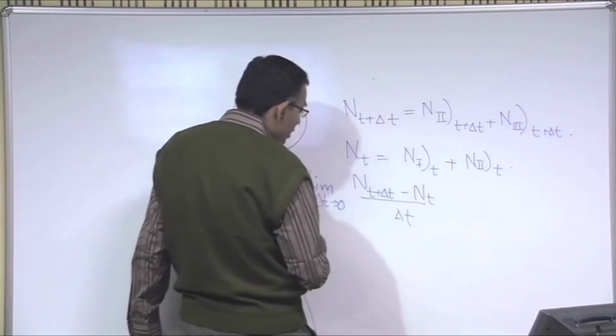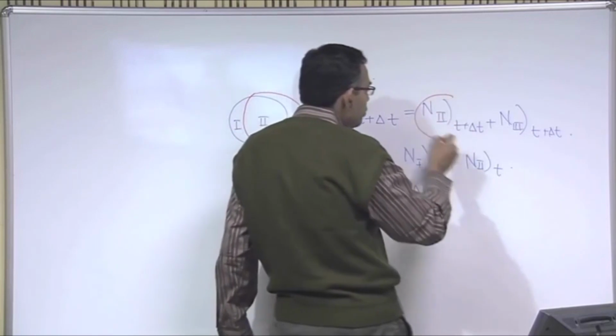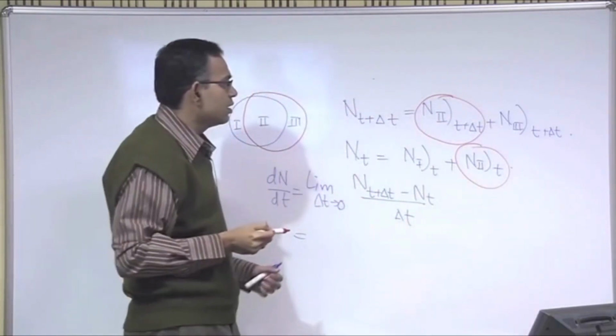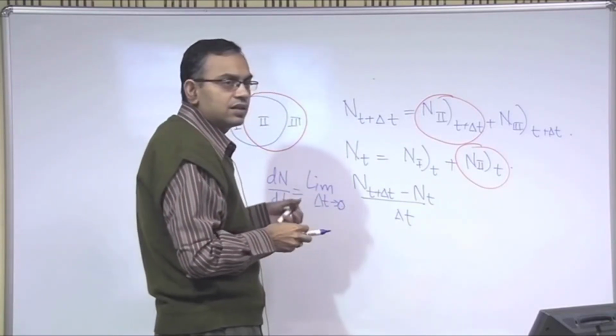So, we will see that at 2 you have a change in N because of the change in property at 2 with time.